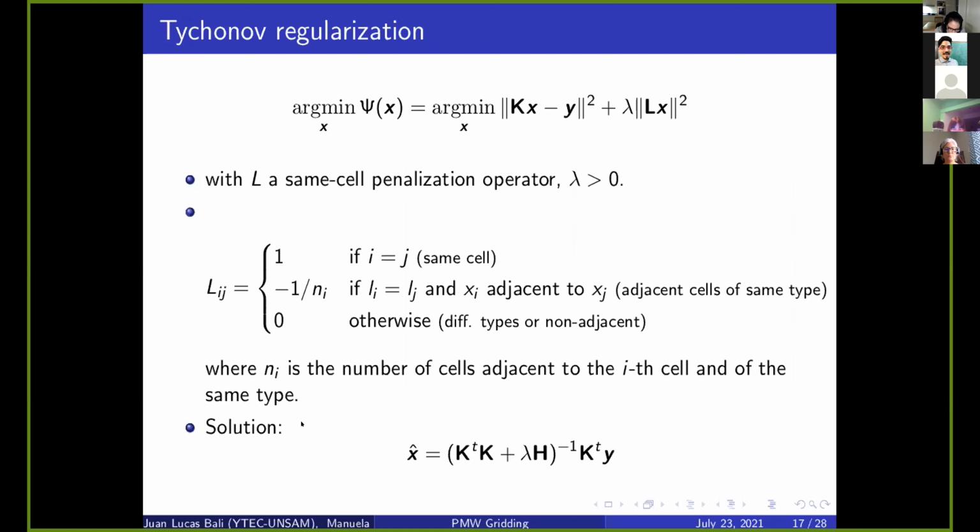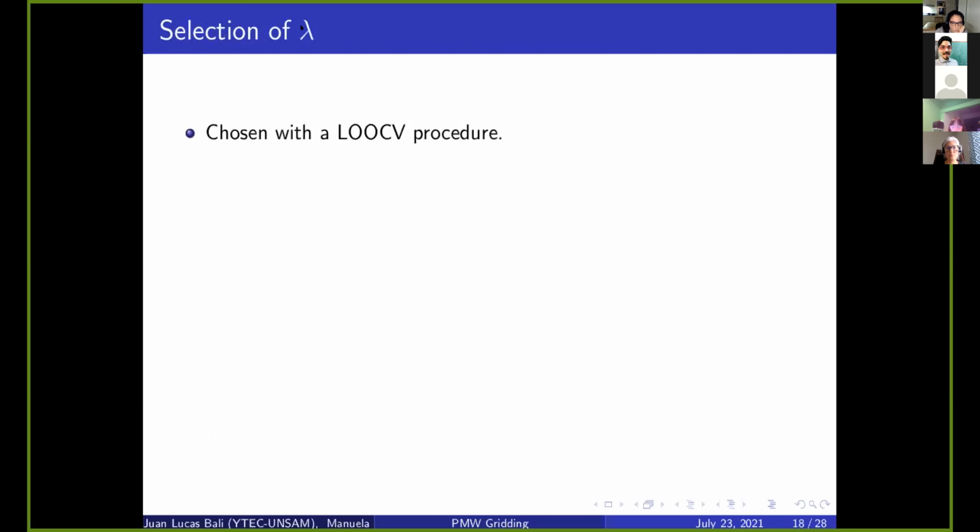It has a closed solution. If lambda is known, you have a closed solution with this expression. This can be found in this book of Clive Rodgers, Inverse Methods for Atmospheric Sounding. If you don't know lambda, we propose here a leave-one-out cross-validation procedure.